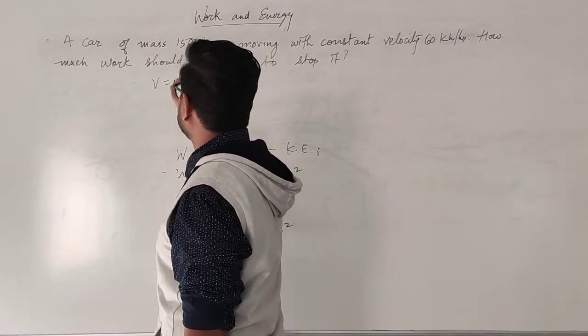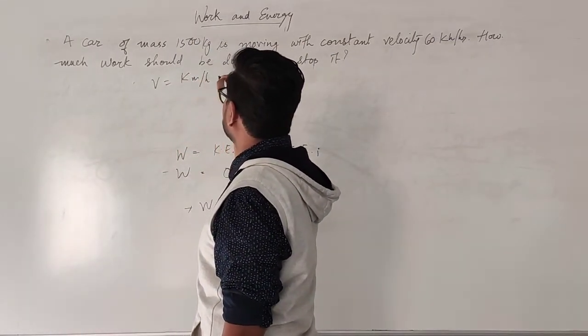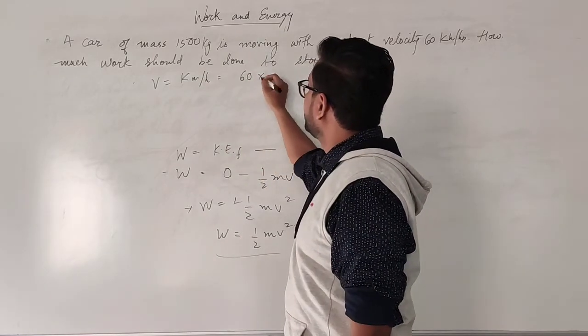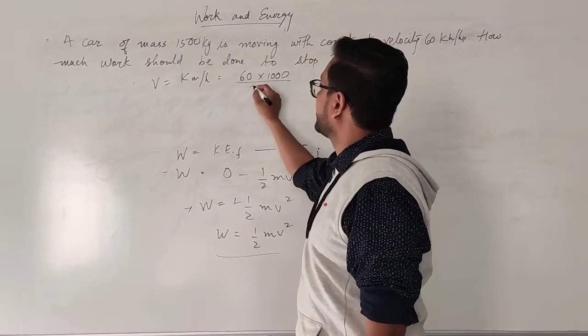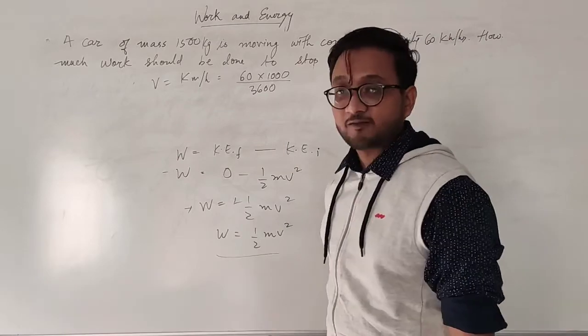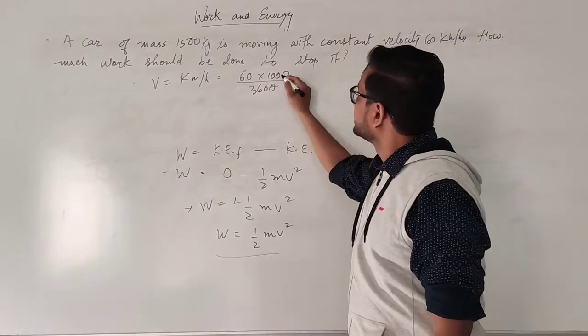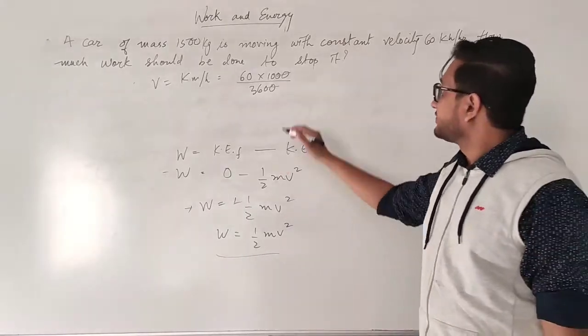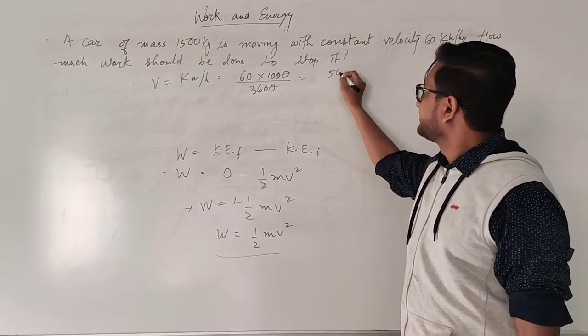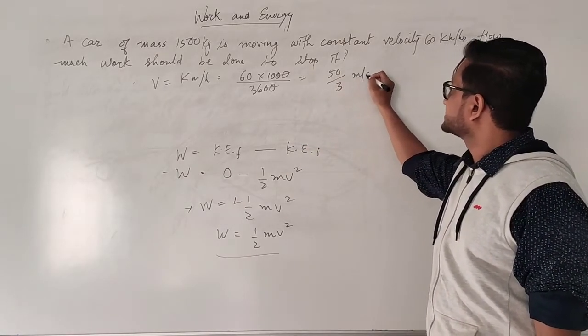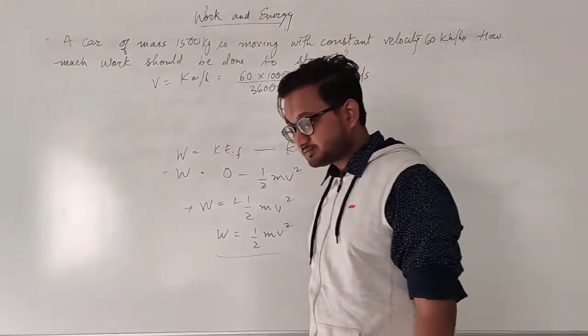So velocity v is 60 into 1000 divided by 3600. I have taught this a lot of times, so we are not going to waste any more time. Getting the zeros cancelled, and when you solve this, you will get 50 by 3 meters per second.